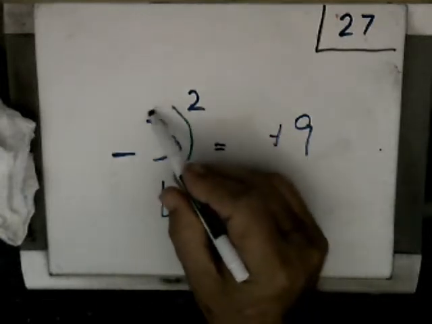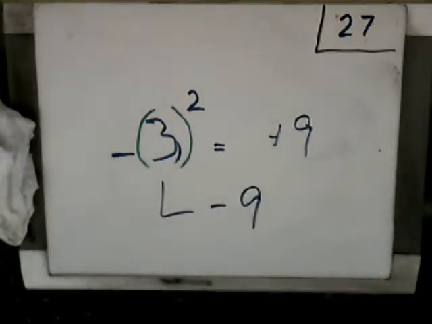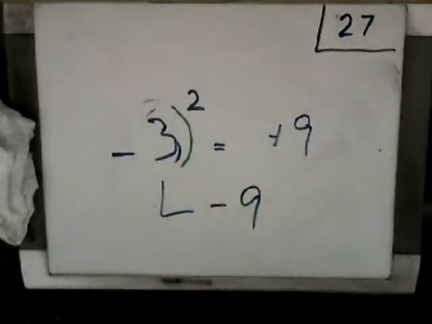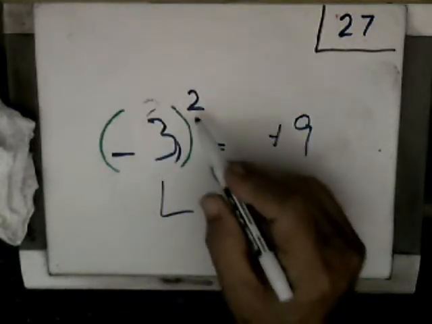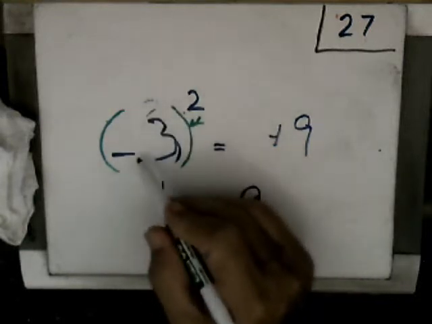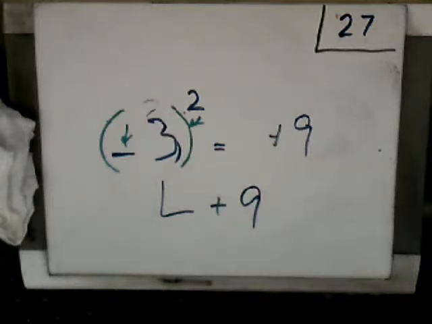It can only reach what it's attached to. The other thing on the other side of the table is not available. If you want to include that negative, you're going to need a parenthesis that goes around it. Now the 2 affects everything in the parentheses. So it would then affect this, and I would then get a plus 9. So be careful of negatives and exponents.